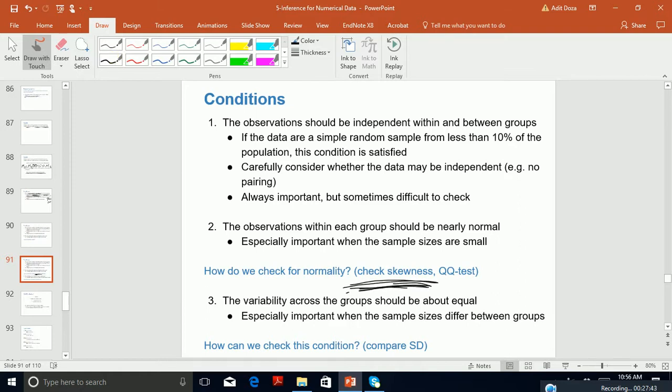We don't want too much skewness, right? For the normality assumption, the skewness should be as small as possible, or we can do a QQ test. You can use it in Stata. This QQ test will tell us if it is normal or not by looking at the QQ, which is quantile based.